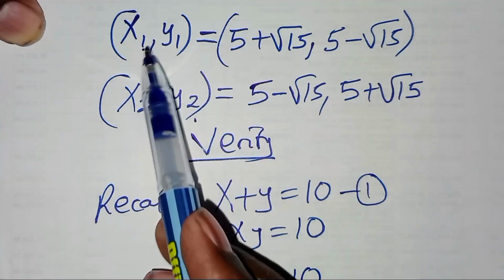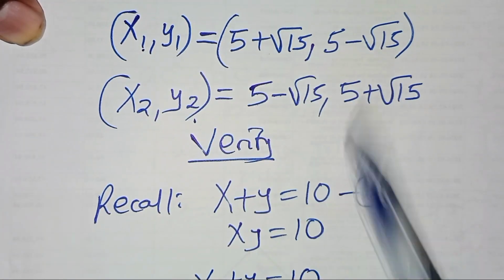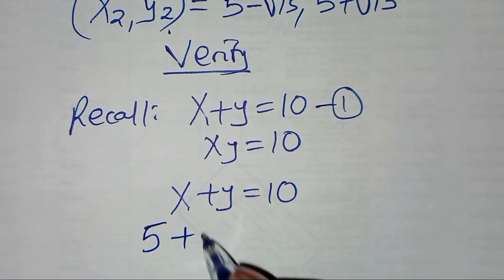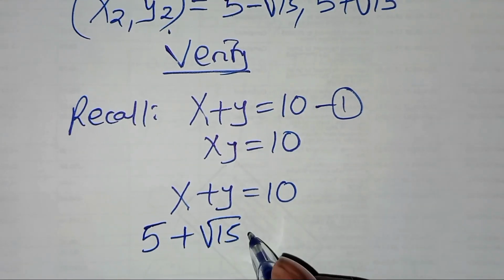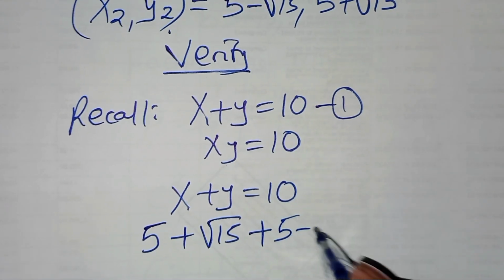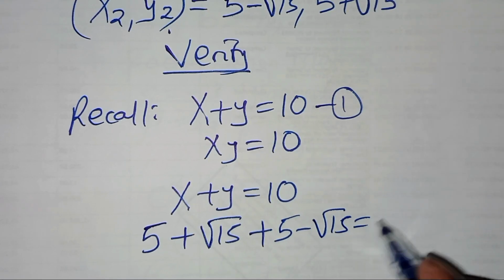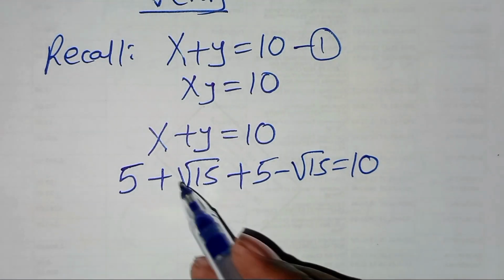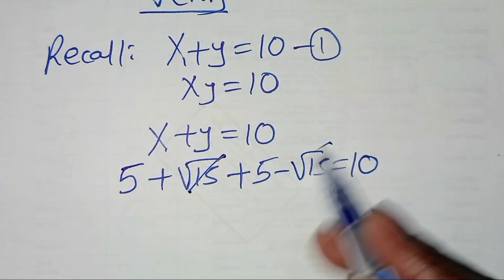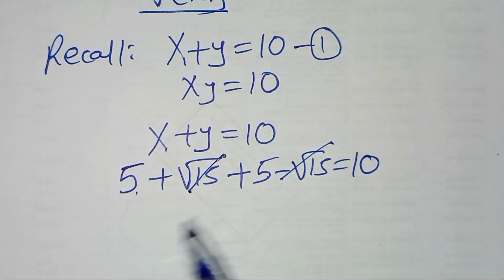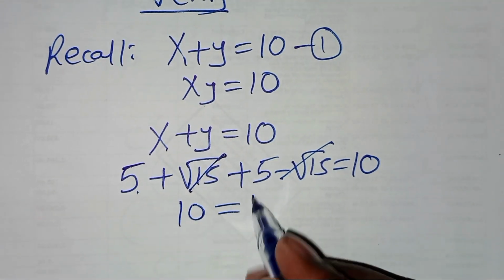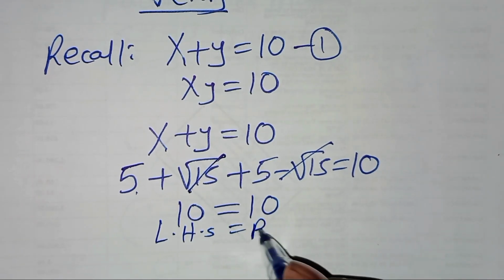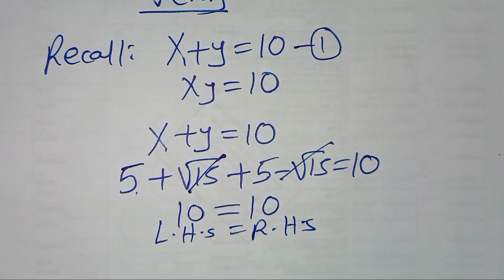Given x1 and y1, let's substitute. We have 5 plus the square root of 15 plus 5 subtract the square root of 15. They should give us a value of 10. Here it's clear that the square root of 15 cancels, and 5 plus 5 is 10. So 10 is equal to 10, which means that the left hand side is equal to the right hand side.